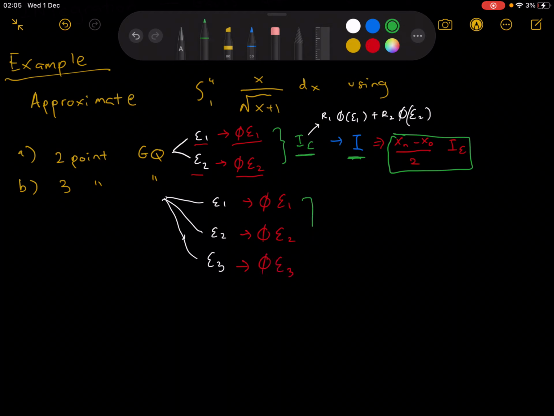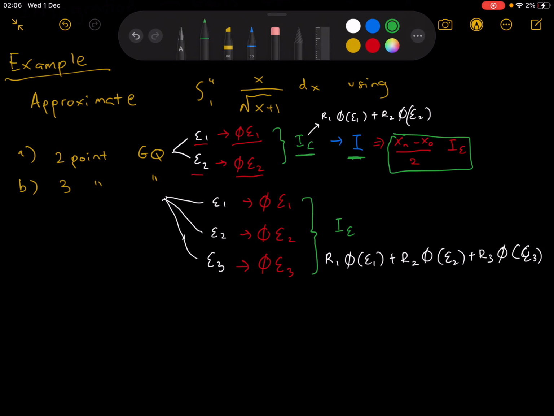From all of these, we can get the I zeta, whereby the I zeta is actually given by, for 3 point, R1 phi zeta 1 plus R2 phi zeta 2 plus R3 phi zeta 3.